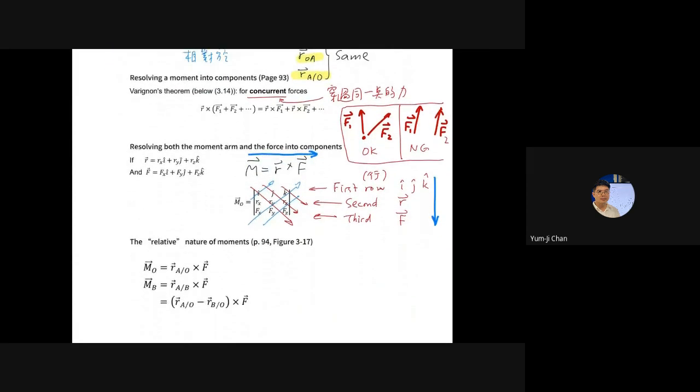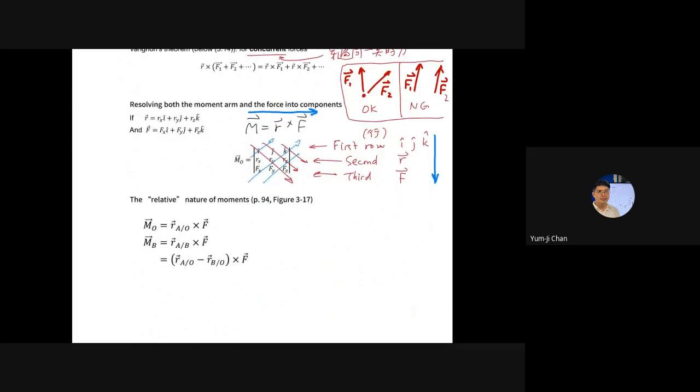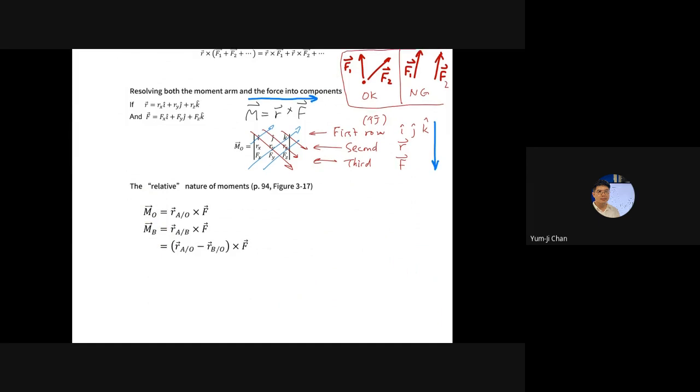Now the next thing is, sometimes we want to determine the moment about another point, for example, M_B. Let me have a quick sketch. X, Y, and Z, and then, for example, we have a force acting on point A, and that is point O. And now we have point B here.